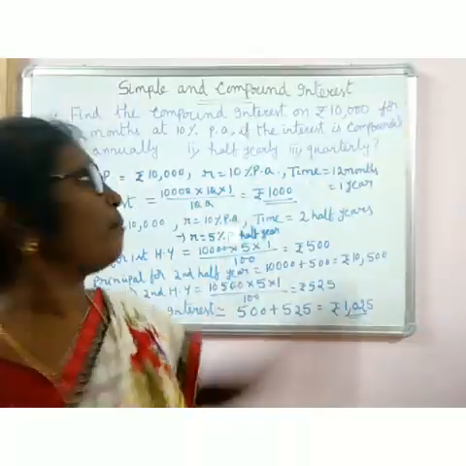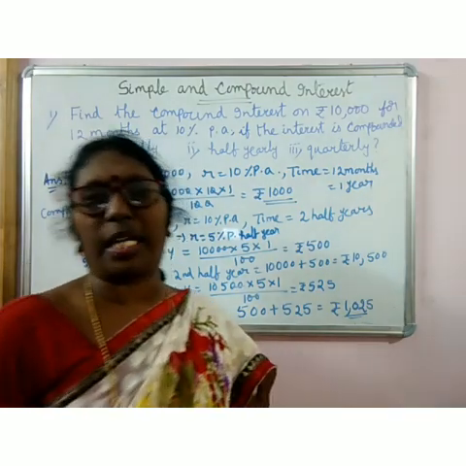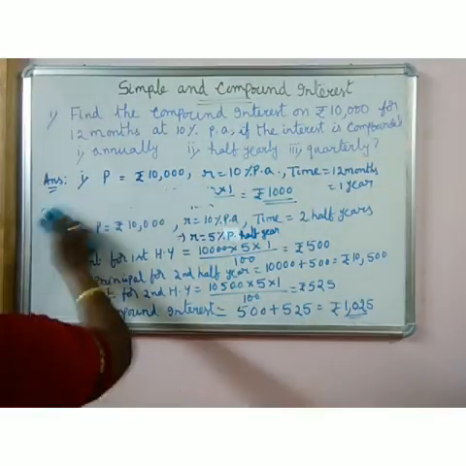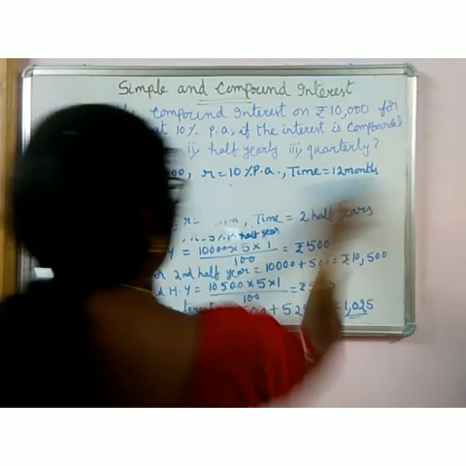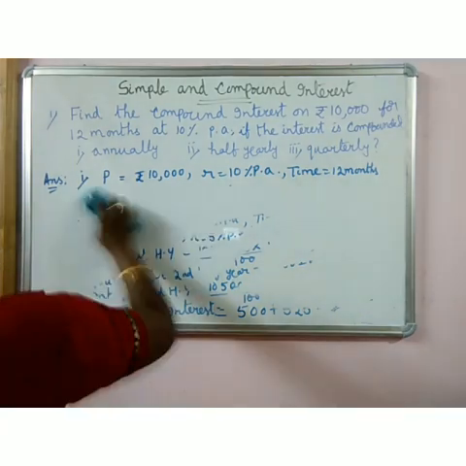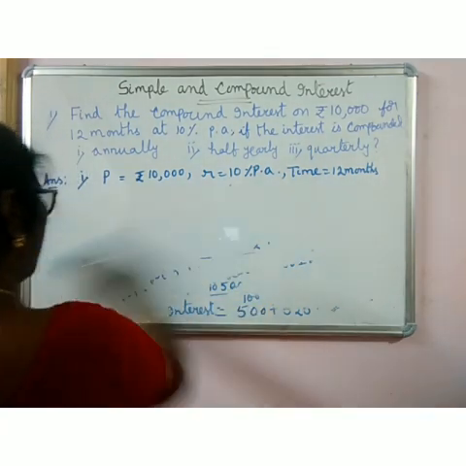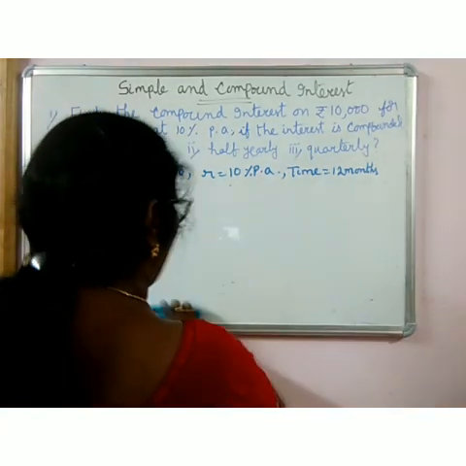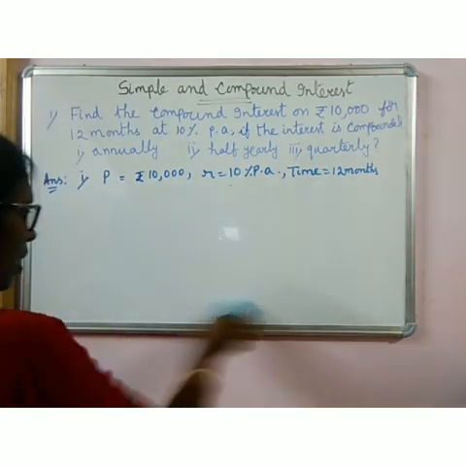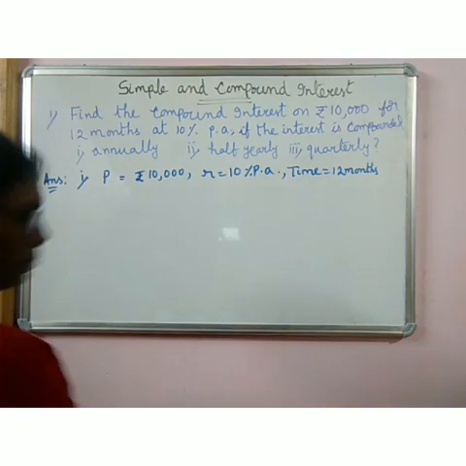Now third bit, when the interest is compounded quarterly, let me do it. Same principal written down. Time is 1 year, 12 months. How many quarters are there? Quarter means 1/4.